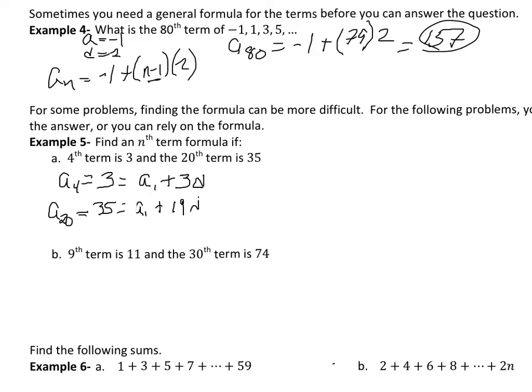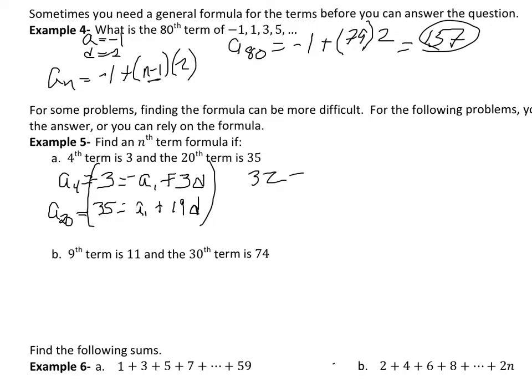All right, so, but what can I do? So I need to eliminate either A1 or D. Which one's gonna be easier? A1, absolutely, right? So I'm gonna take the top equation and do what with it? Run a negative through it, correct? Or times by -1. Add them up. -3 and 35 is 32.